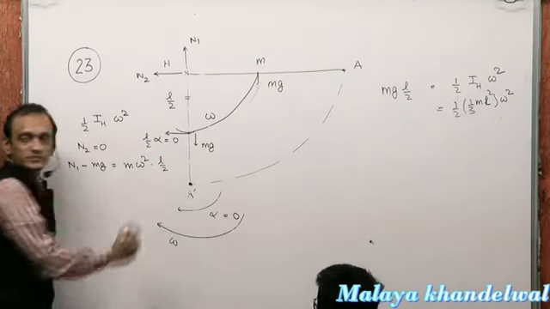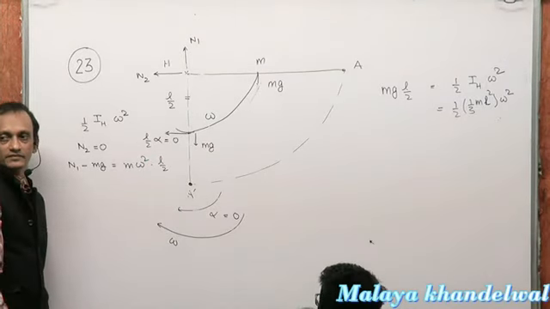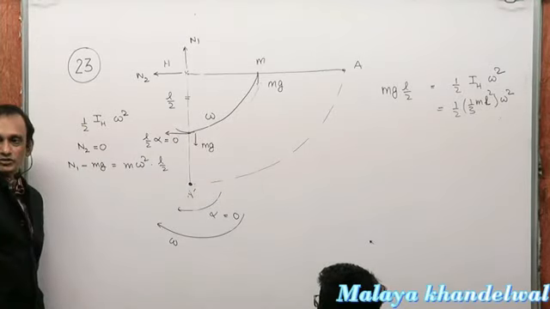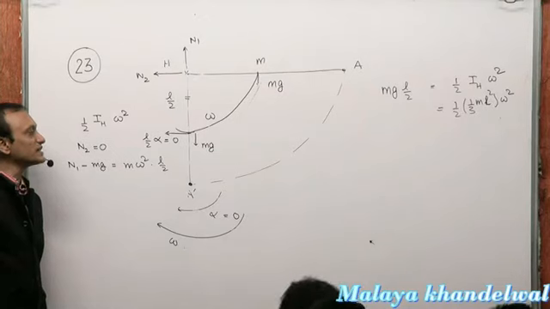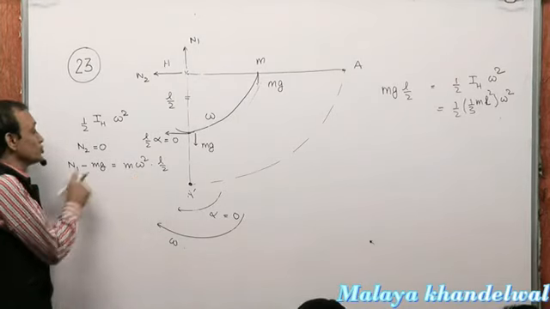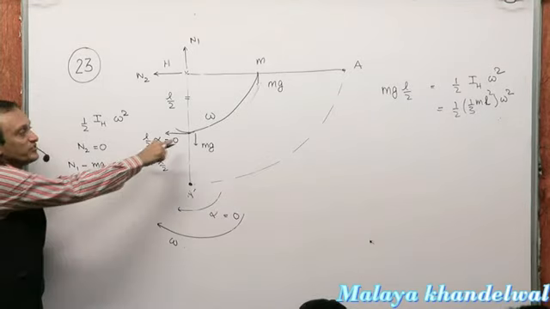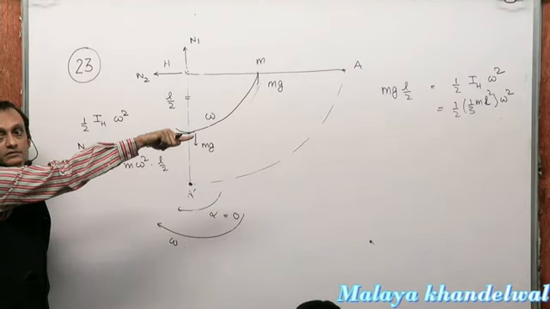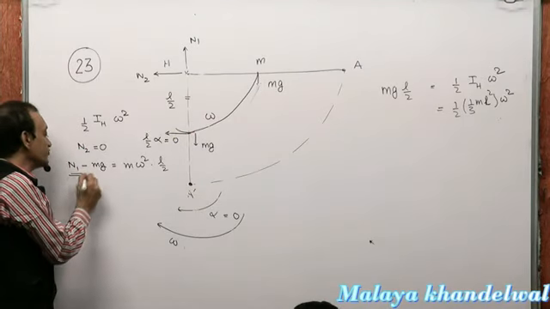Look at the center of mass perspective. N1 minus mg provides the center of mass the required centripetal force so that it can continue in a circle of radius L by 2. Omega we have computed at this instant of time using energy principles, so we can obtain the value of N1.